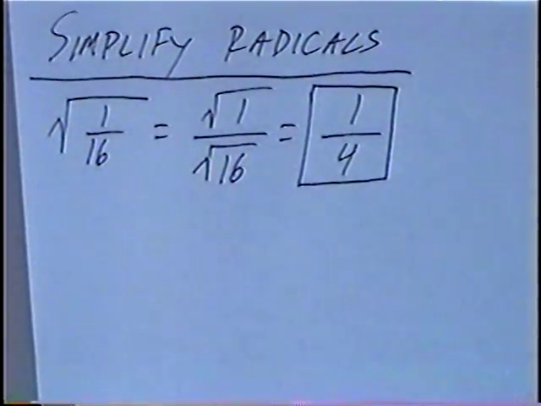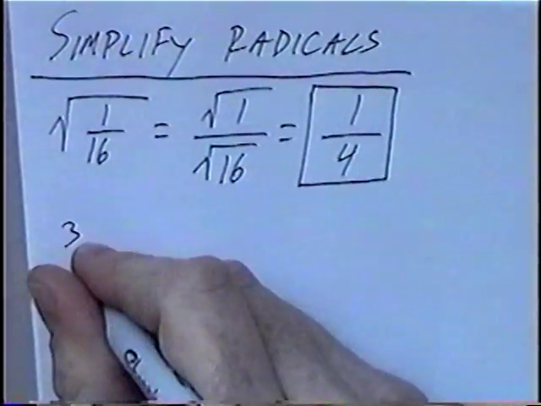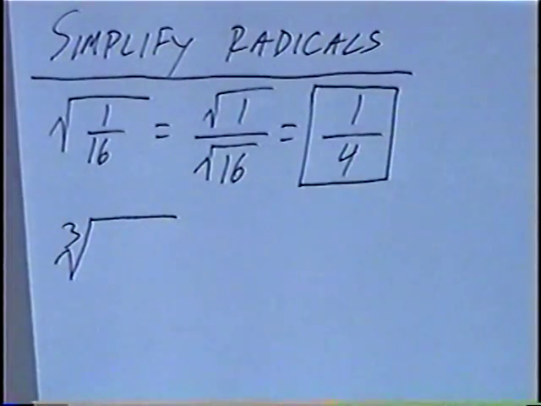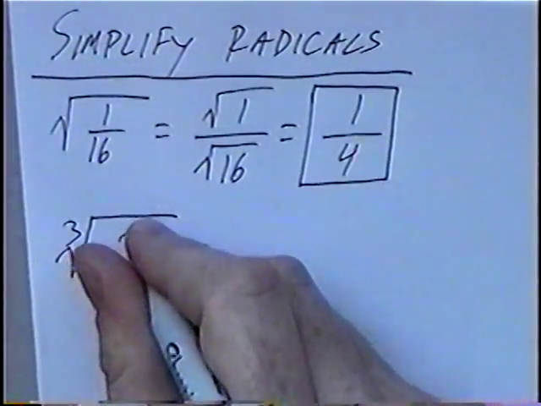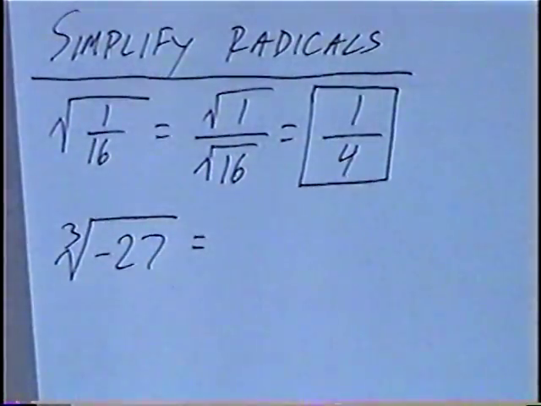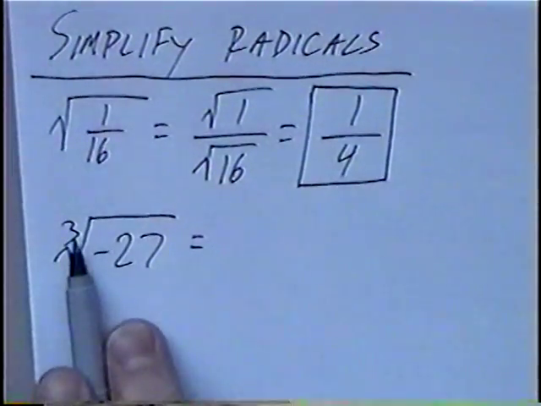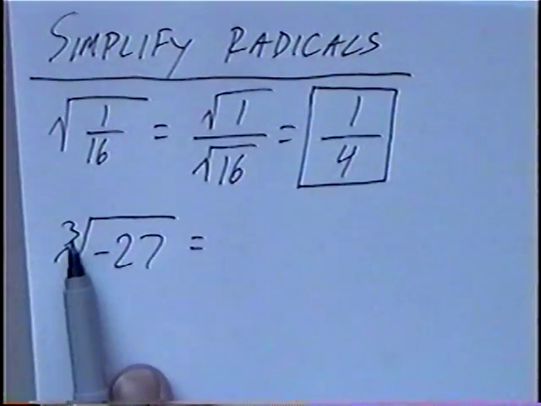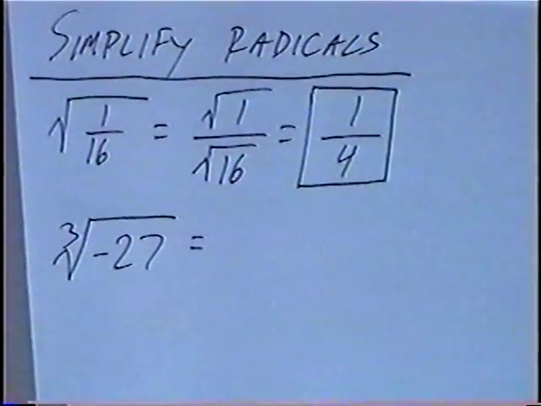Second question will be the cube root. A cube root will be a radical sign with a 3 on the outside and -27 on the inside. A cube root, instead of a number times itself that's -27, we want a number times itself 3 times that's -27.